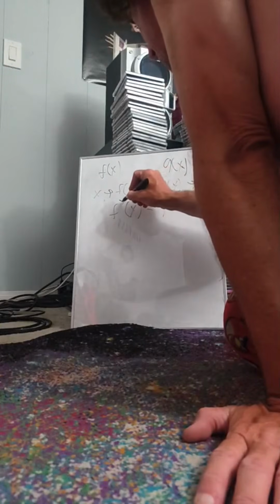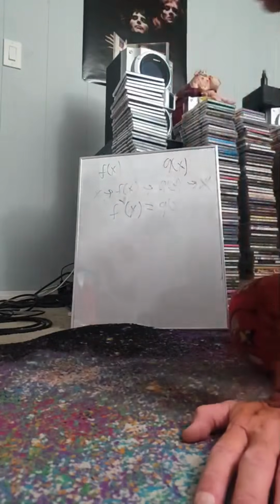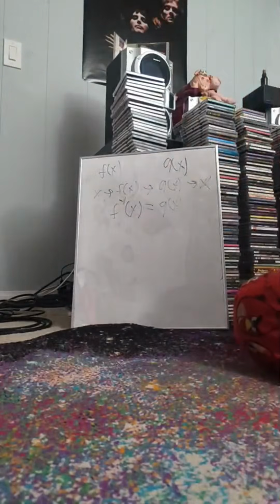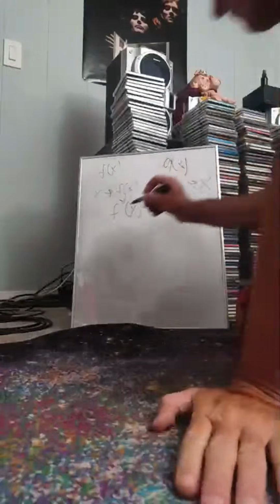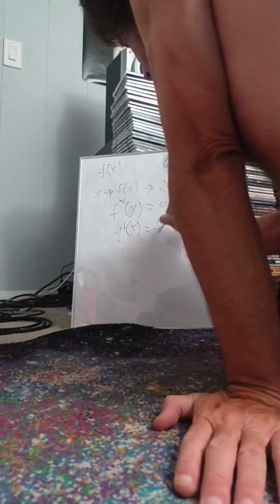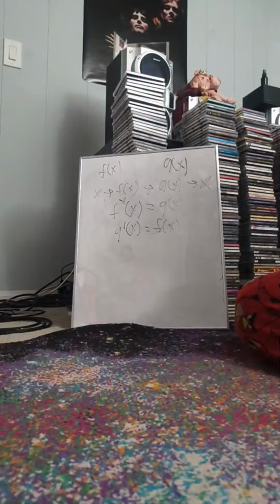No, not a bar, that's derivative. In other words, you just put a negative 1 up at the top. It doesn't mean 1 over, it doesn't mean to the negative 1 power. It means, in this case, inverse. And also, therefore, the inverse of g of x equals f of x as well. Okay? Now, that's the definition of f of x and g of x so far.